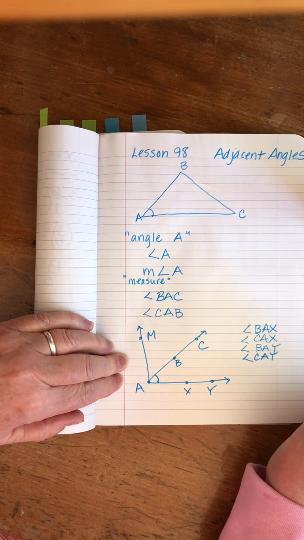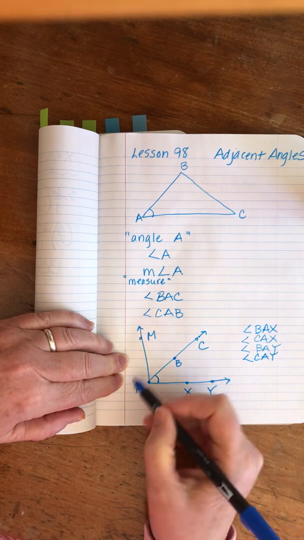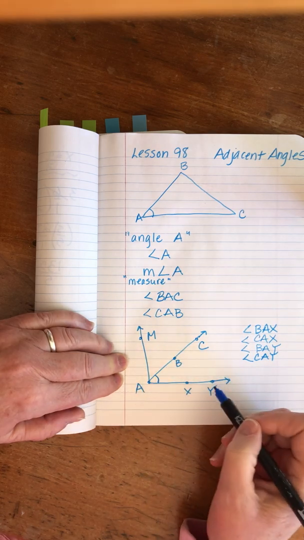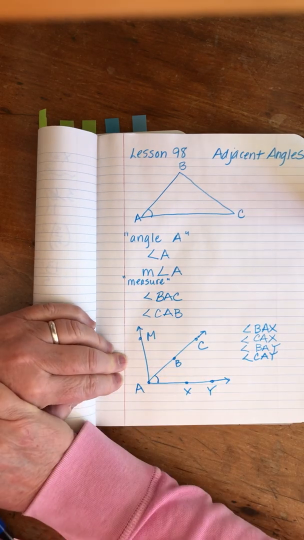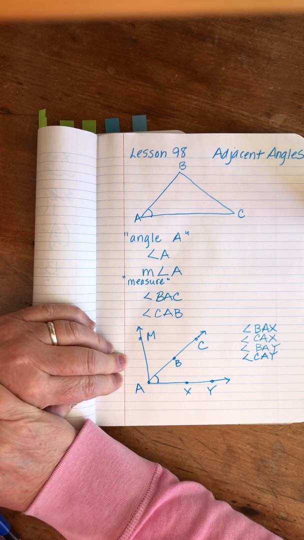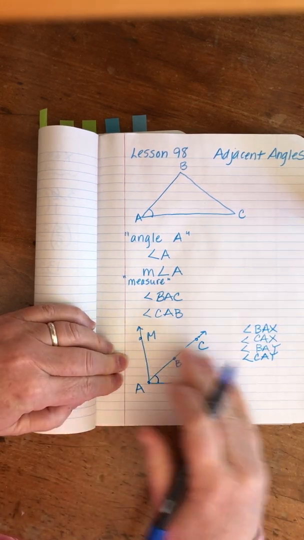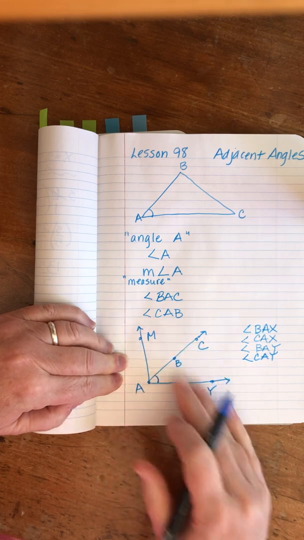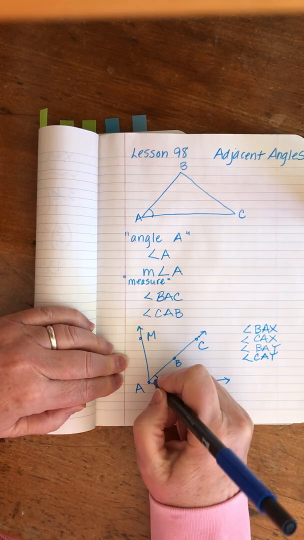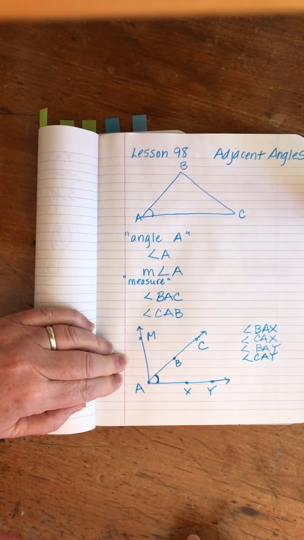You see what I'm doing here, right? And then we could do them all going in this direction. XAB, YAB. I'm not going to write them all down, but you can see that the more letters you put on, the more different combinations you can create that still are just describing that basic angle.